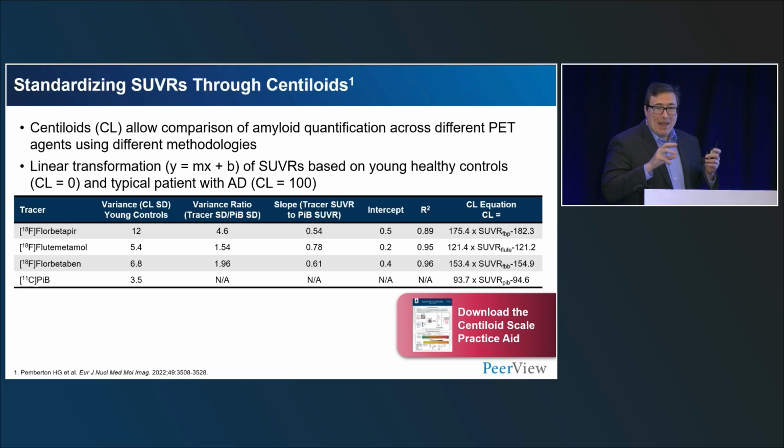And the basis of the Centiloid term is the 0 to 100 scale, where the SUVRs for healthy controls who should have no cortical amyloid are set at 0, and patients with typical AD, their SUVRs are used to set that 100. And so here are various linear equations for tracers in this publication. But the main point is SUVRs work, but if you want to compare, Centiloids are a better method.